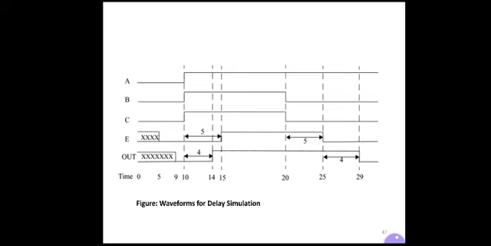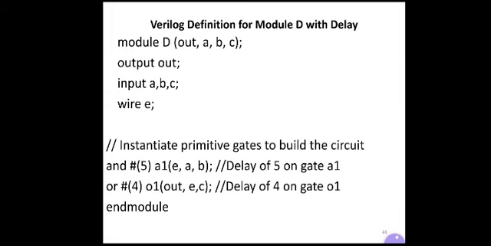Now observe the output. Here the AND gate and OR gate give the outputs. AND gate output is E, OR gate output is out. The AND gate is changing after 5 time units and the OR gate is changing after 4 time units.